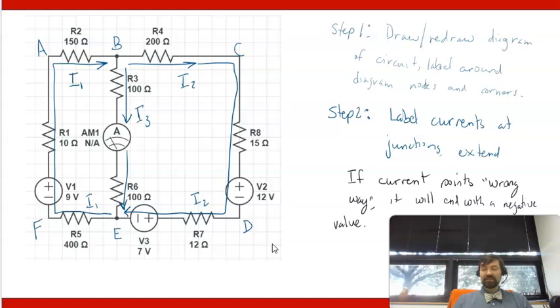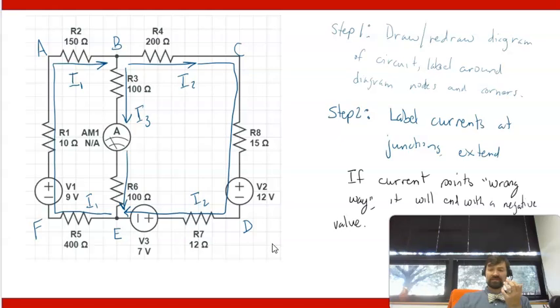This is true, by the way, even if you're given the currents. You may be told these are all positives, and what will happen is that when you go to solve your system, something will end up negative. And so that tells you that one or more of the currents is backwards.